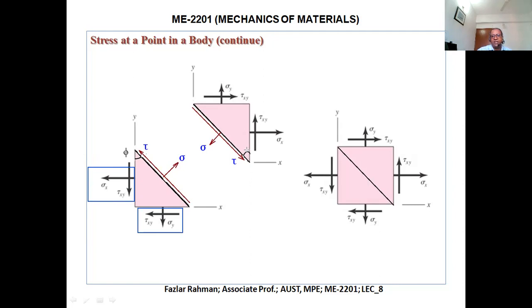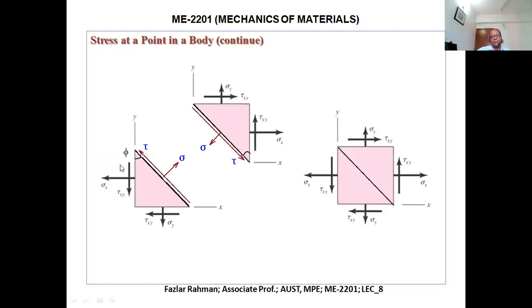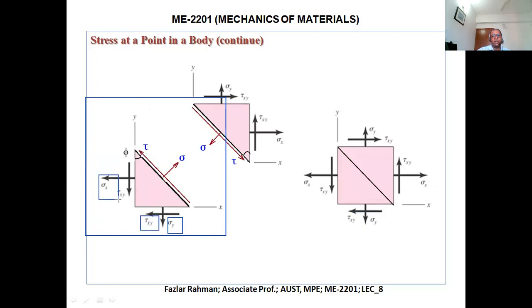Now, if sigma x and tau xy are known, how can I figure out this tau and sigma? Anyone? You will get some plus point. Let me know, anyone could tell me how we can figure it out? Sir, can you repeat the question? Right over here, you see the rectangle, right? This sigma y is a known value. Tau xy we know. Sigma x we know. Say angle phi we know.